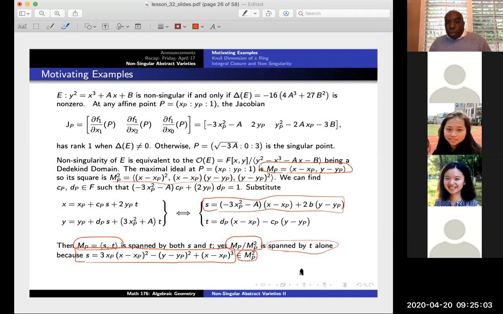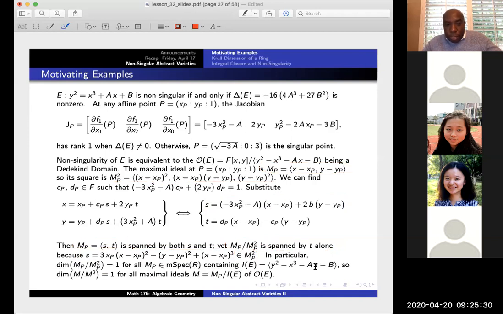Just to recap, MP, that maximal ideal, is generated by two elements, s and t. But m mod m squared is not generated by two because s is 0. So it's only generated by one element. Of course, that's really what the proposition said, that the dimension should be 1.